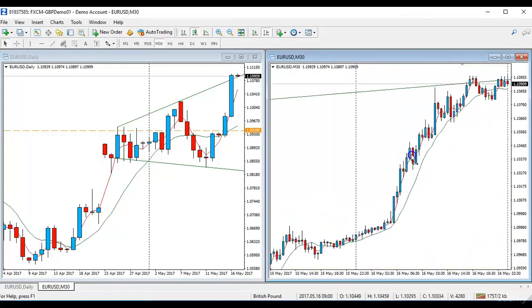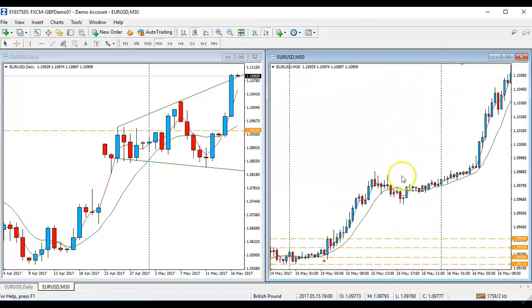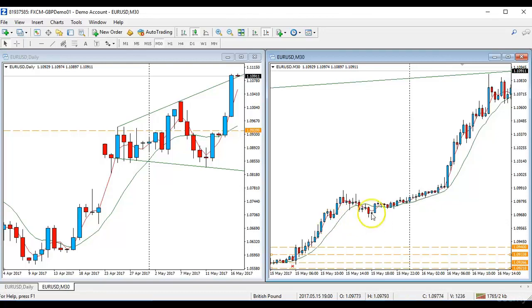I like to go for a bigger amount than that. Or what we can do is, when price moves away from us, we can move our stop loss to break even. So we move our stop loss up to the entry, and then we wait for price to move towards this area here, and we take our profits then.